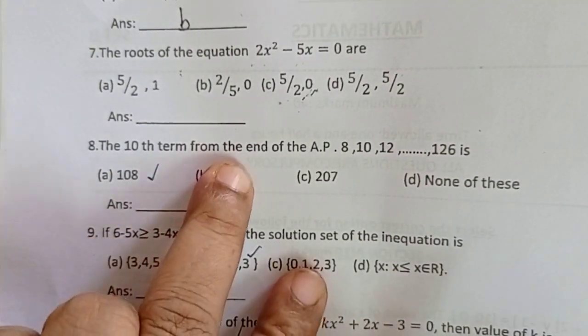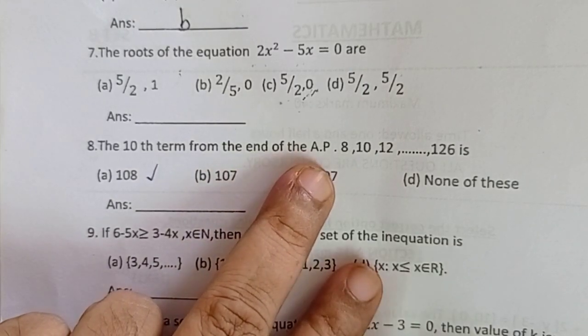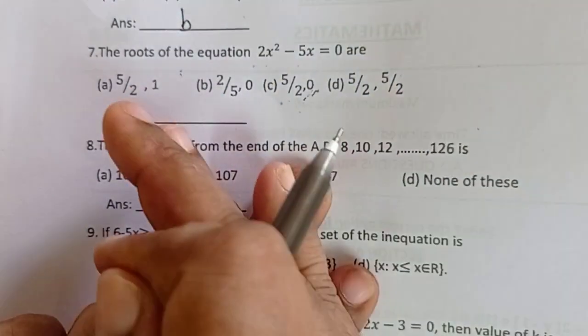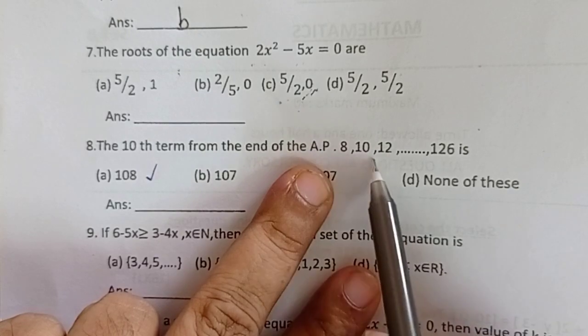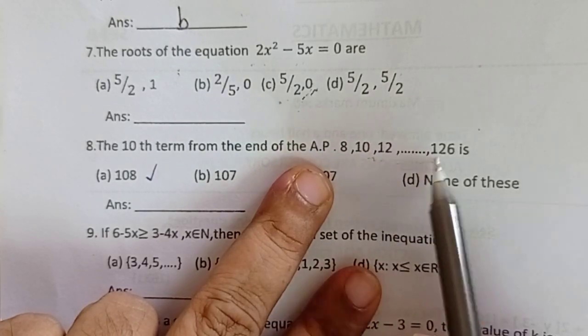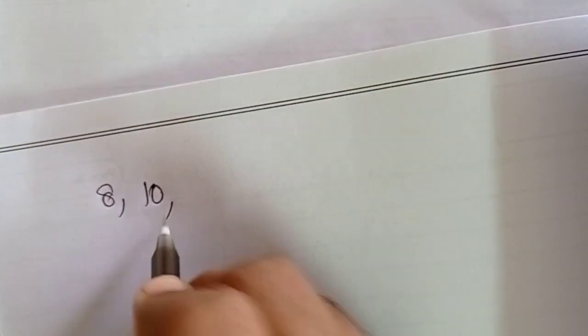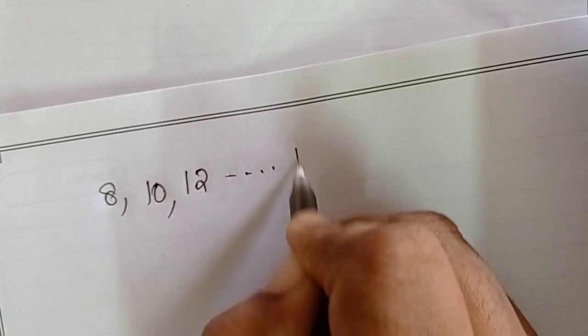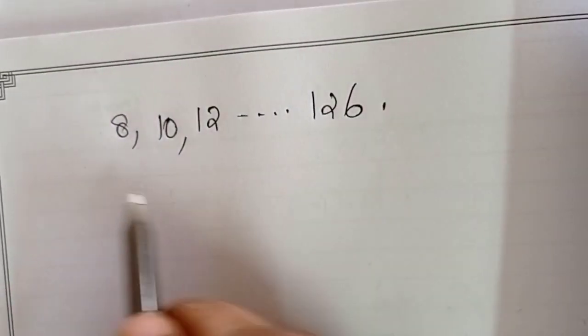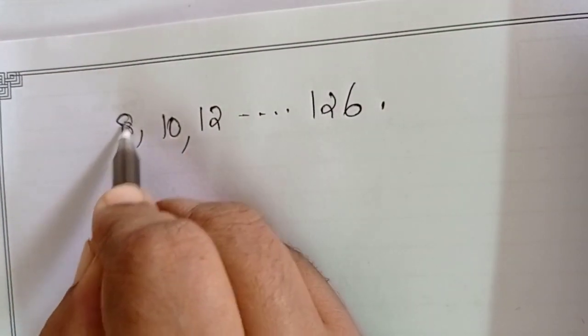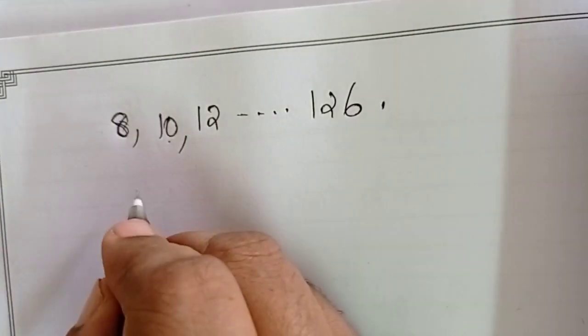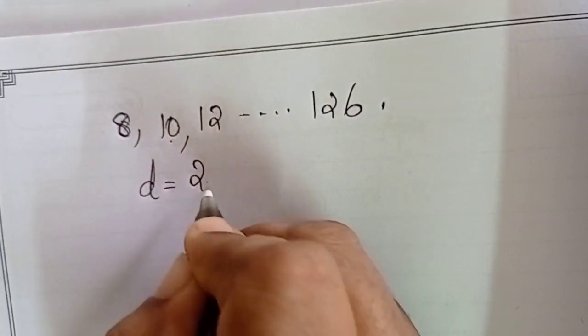Find the 10th term from the end of the AP 8, 10, 12, and so on up to 126. All of you look here. Here the first term is 8, the second term is 10. Can you say what is the common difference? 2. Isn't it?